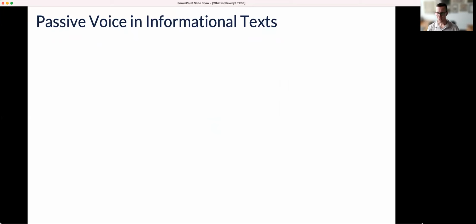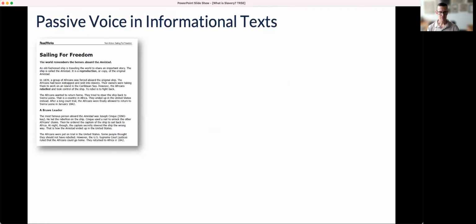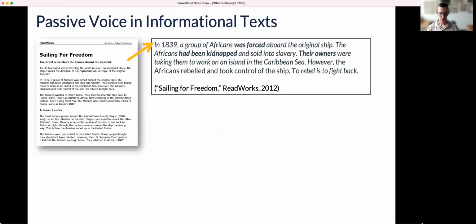And I started to try to conjecture about why there was such limited sense making about the oppressive social actor around whites. And one of the things I noticed was that a lot of the text students read, informational text, used the passive voice. So for example, here is an article students read called Sailing for Freedom.